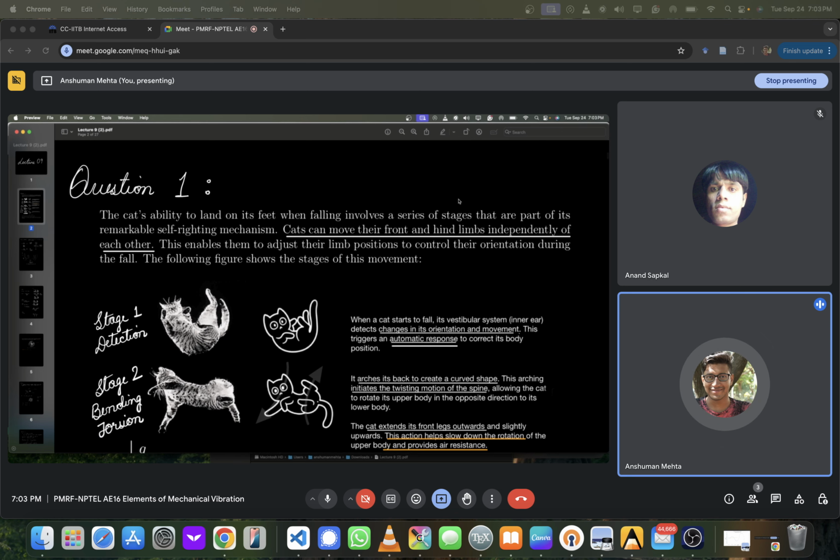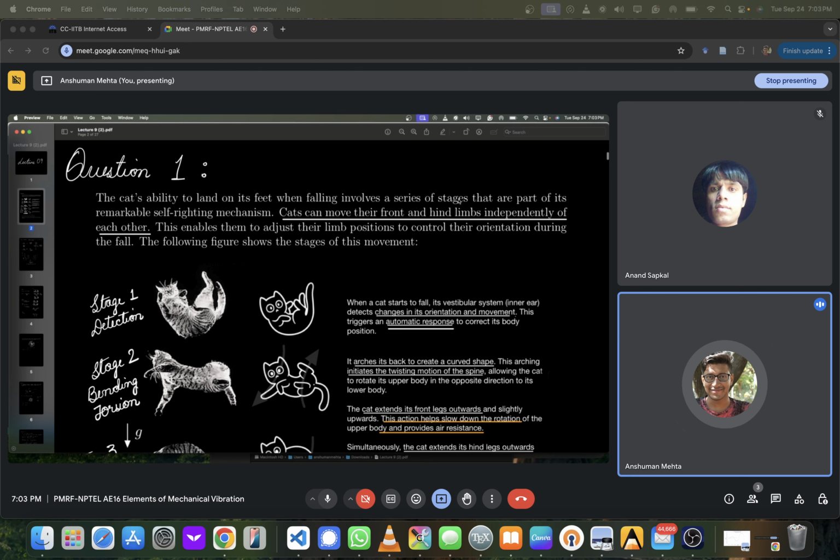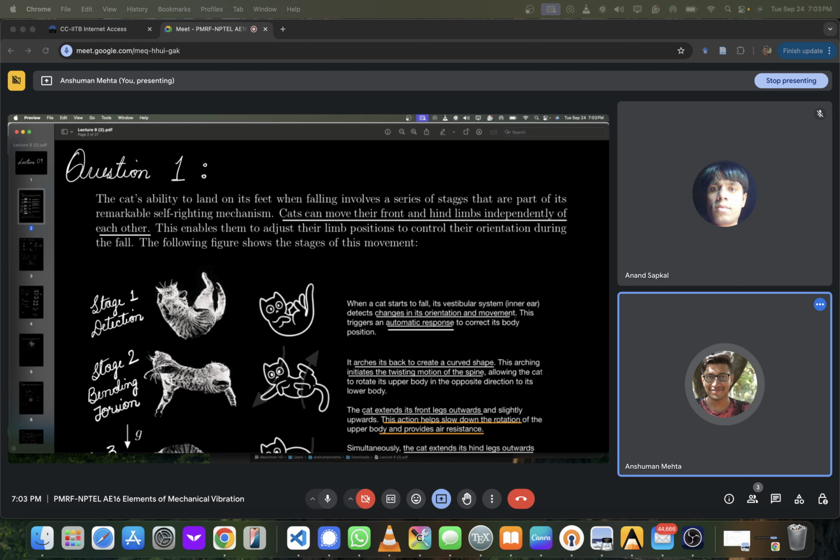Actually, can cats move their front and hind limbs independently of each other? So there are some special powers in cats which enable them to adjust their limb position, and in that way they can control their orientation during the fall.